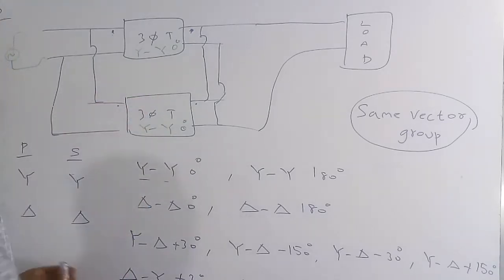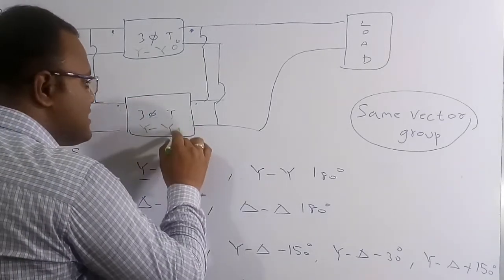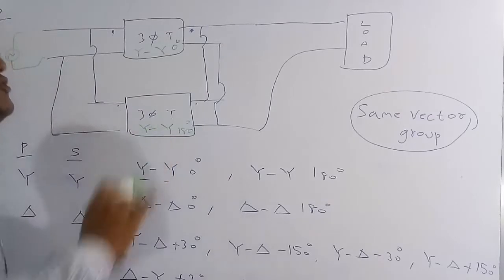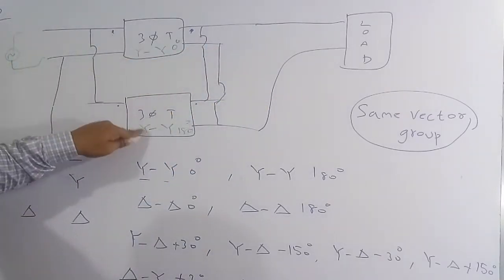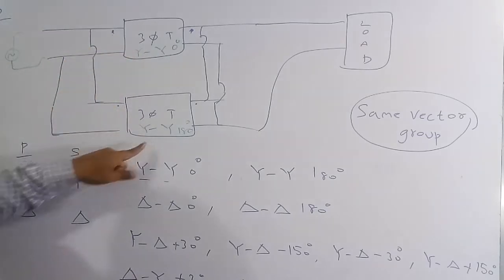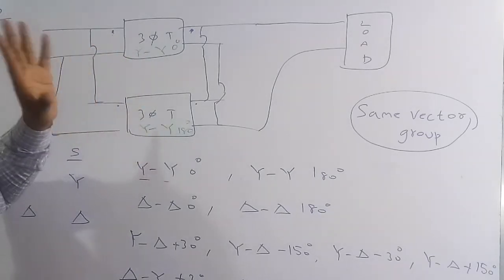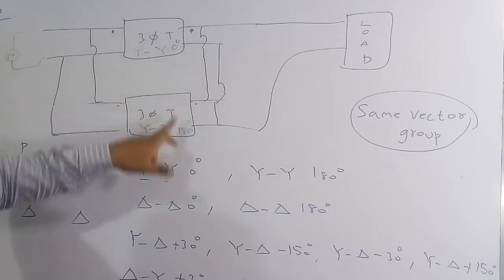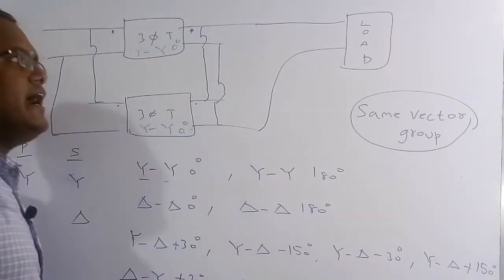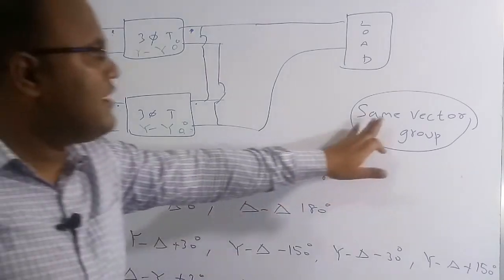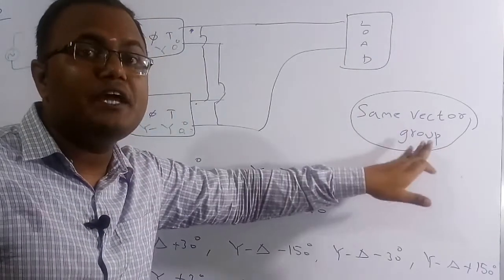If you use 180 here, it is not going to connect, and we should not use these transformers for parallel operation. So these transformers should be of the same vector group, star-star means star-star vector group, and also the same phase sequence. If it is 0 here, it should be 0 there as well. Only then can we operate them in parallel. Therefore they have to be the same vector group and the same phase sequence.